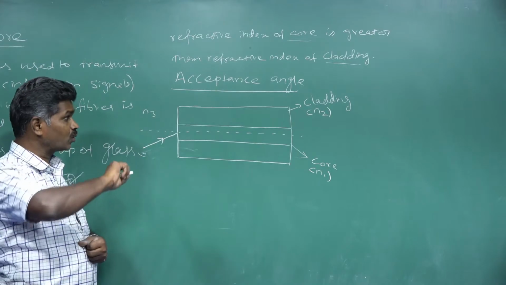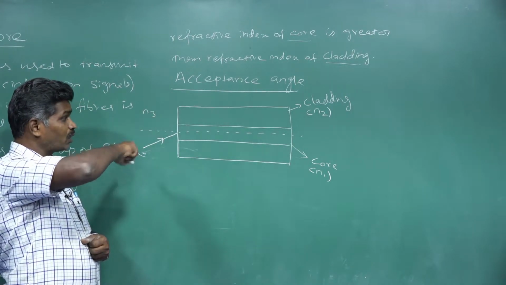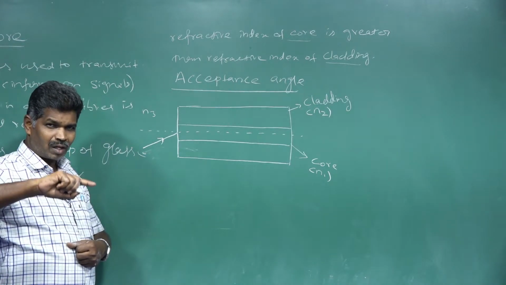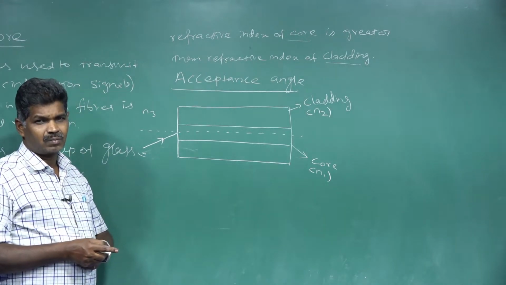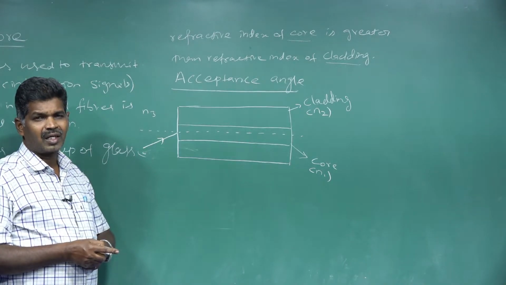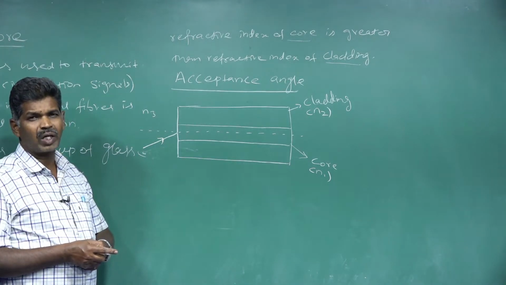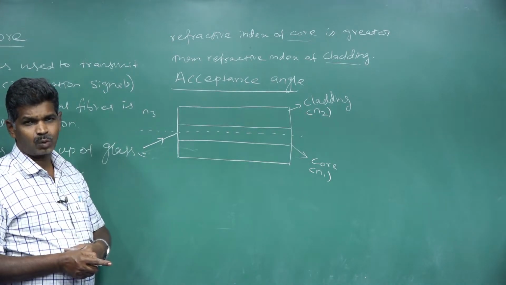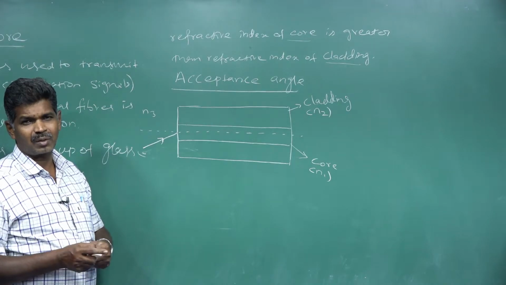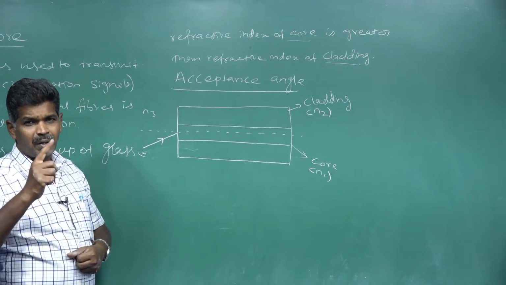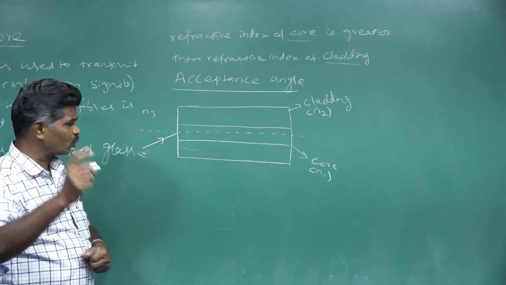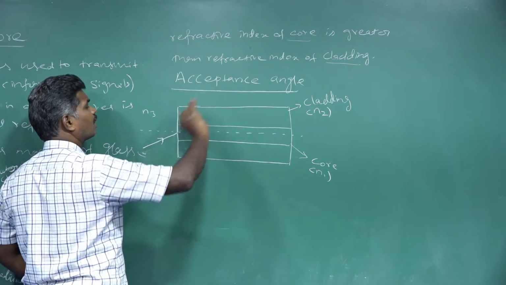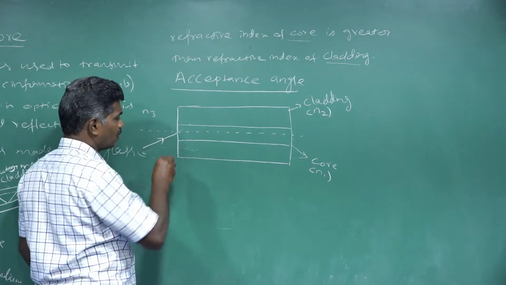But it is going to move from the outer medium to the core, that is, from rarer medium to denser medium. That's why the refracted ray bends towards the normal. When light moves from rarer medium to denser medium, the light ray bends towards the normal. So the actual path will not be a straight line; it bends towards the normal.